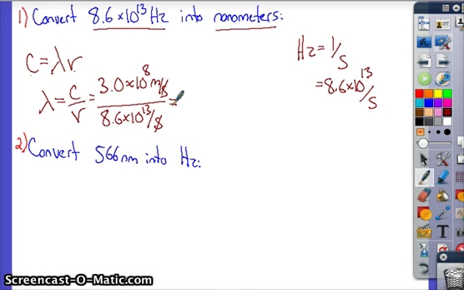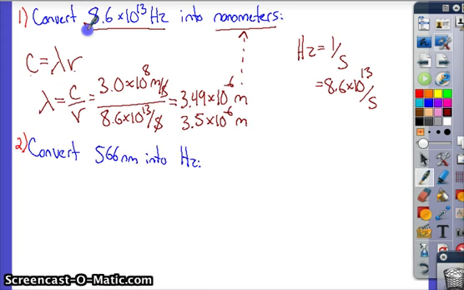We're going to be left with the value in meters. The value that we get is going to be 3.49 times 10 to the negative 6 meters. We would want to represent this in nanometers, remember? And we also want to have two significant figures, so we're going to have 3.5 times 10 to the negative 6 meters.